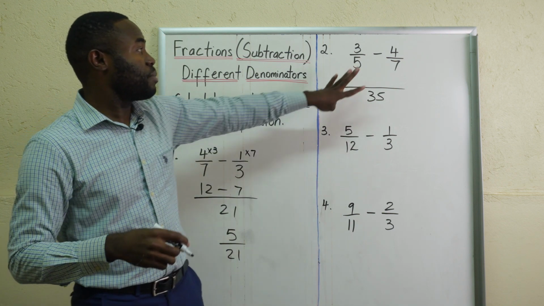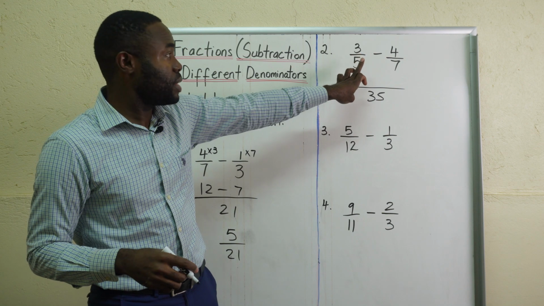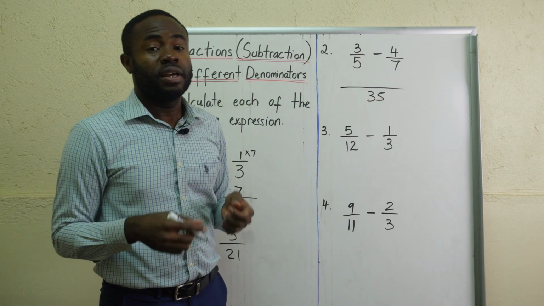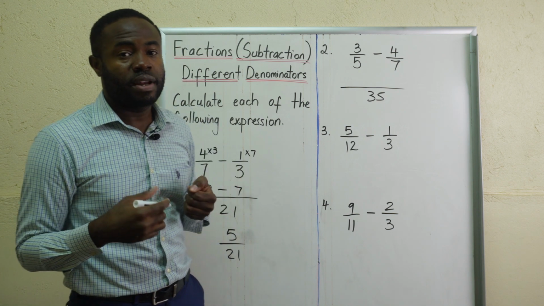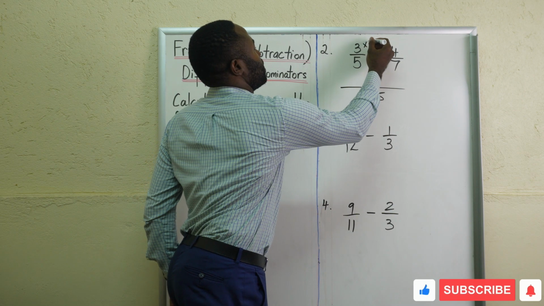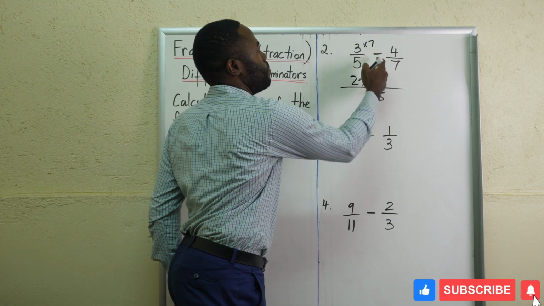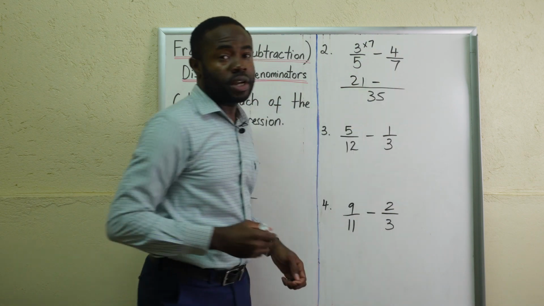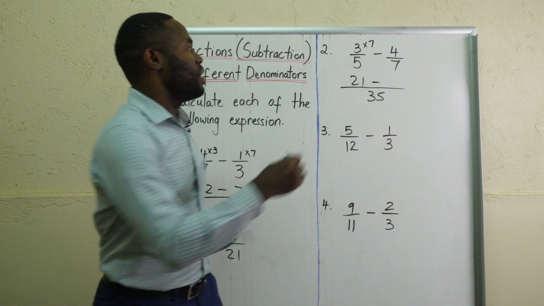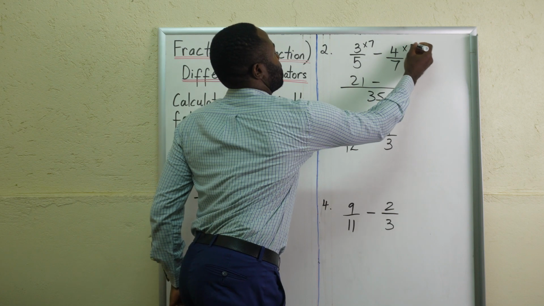Again, we're going to follow the step where we use the first denominator to divide into the common denominator. So that will be 35 divided by 5, and that will give us 7. So it's 3 times 7, which gives us 21. Put back our operator, which is subtraction. And then we divide the 7 into the 35. That will give us what? 5.